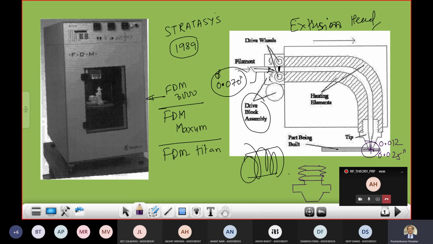After putting it on the table, that cooling is done, and thus the model is built layer by layer.